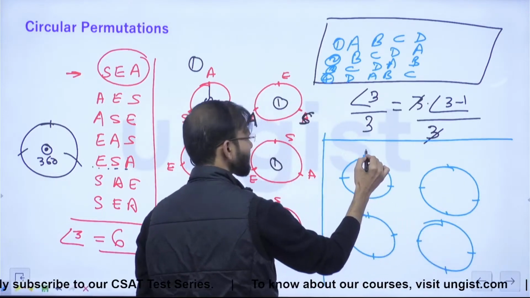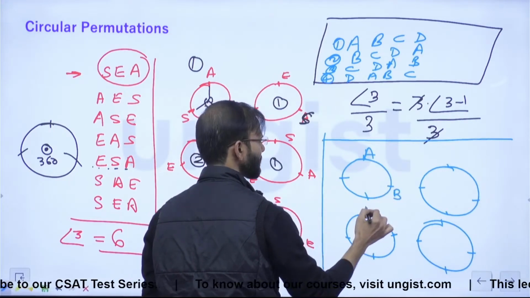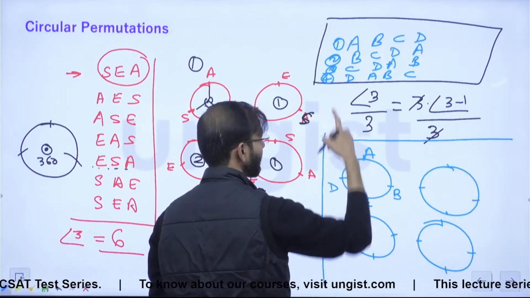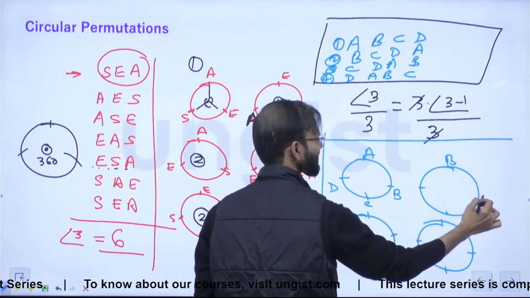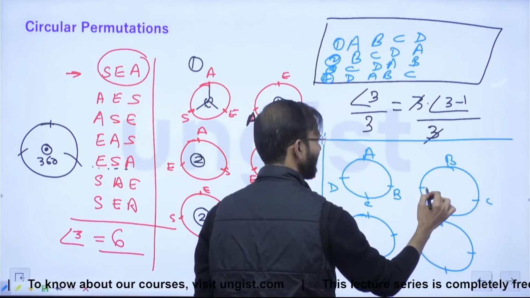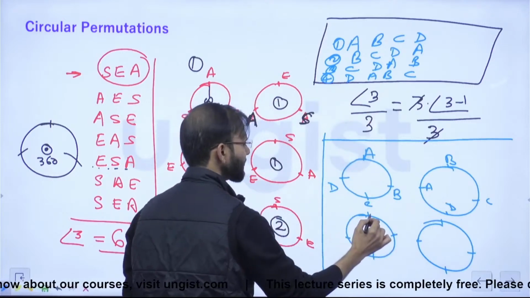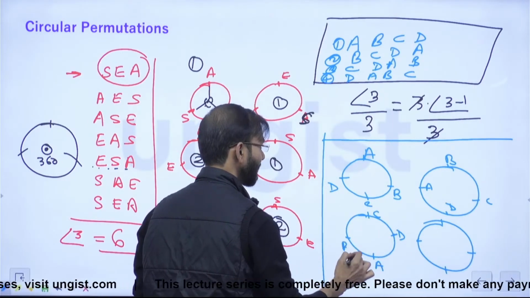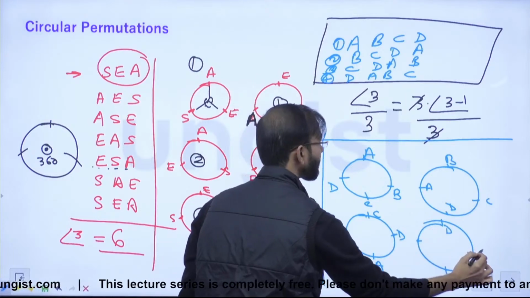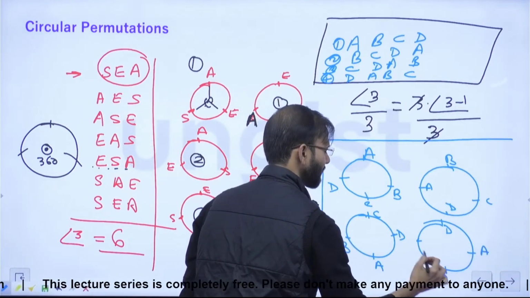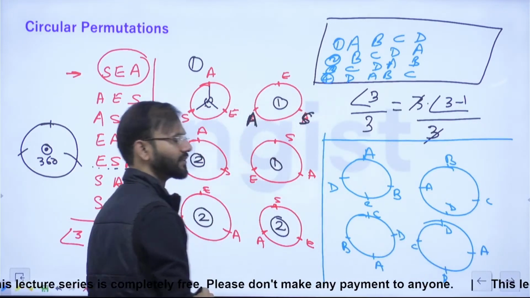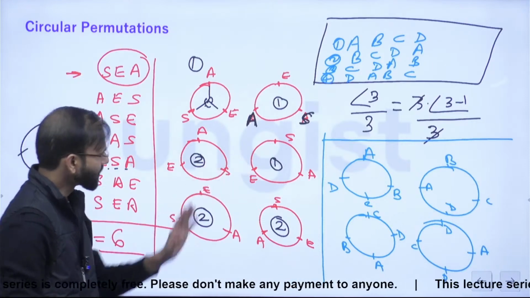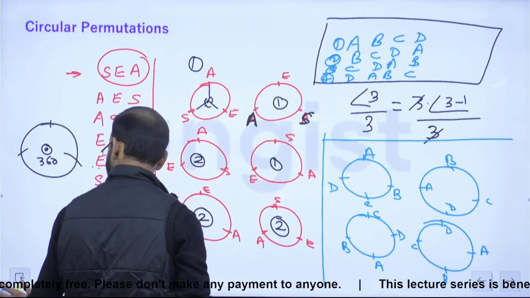Okay, this is A, B, C, D, right? Then B, C, D, A, right? Then C, D, A, B, then D, A, B, C. Guys, is it clear? Now look at this. Suppose that this is arrangement number 1.